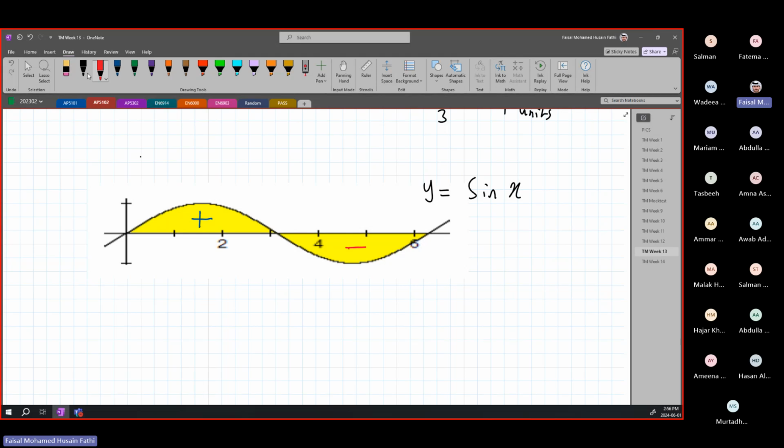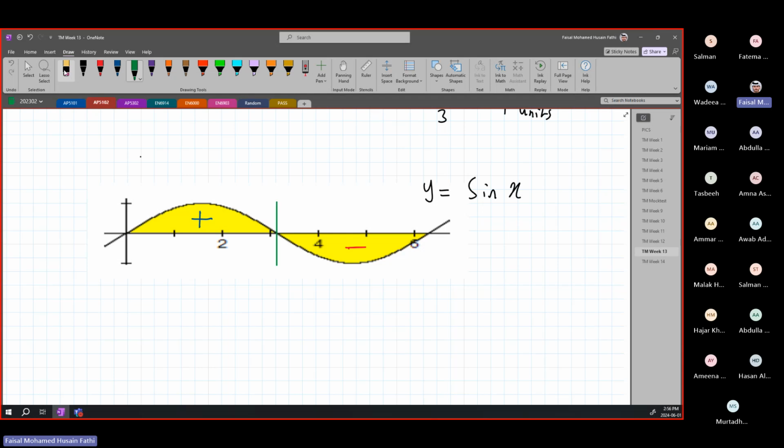So we know that until this point in the middle over here, let me use a different color, you're going to have a different sign for your integration.